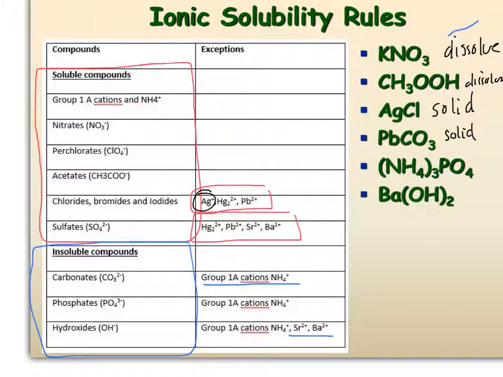You can also confirm that when you look at phosphates, the exception to phosphate always being a solid, ammonium falls into that group. So that would dissolve. And then barium hydroxide. Barium's not on a list, but hydroxide is. And hydroxide will always be a solid unless attached to group 1A, ammonium, strontium, or barium. So this would dissolve. So that's how you use the chart.